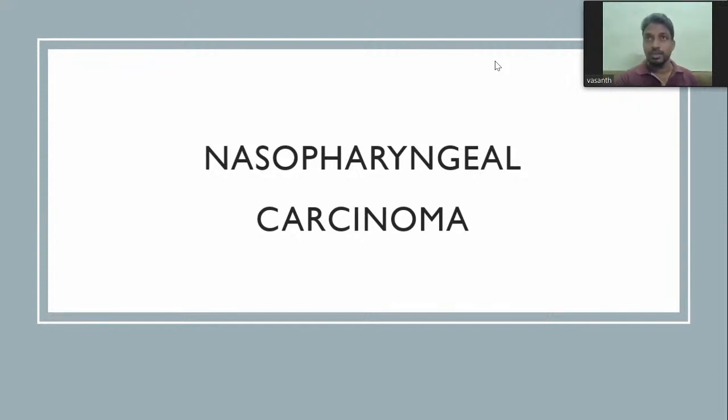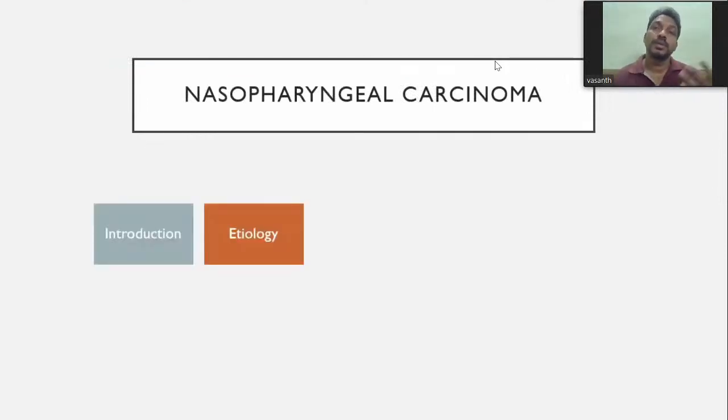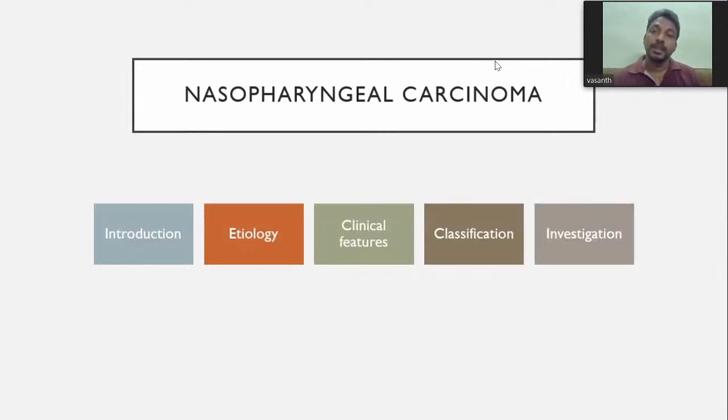If it is a nasopharyngeal carcinoma, obviously you will have obstruction of the nasal cavity, sometimes bleeding, and nasal discharge. Nasopharyngeal carcinoma arises from the fossa of Rosenmuller, so it may affect the eustachian tube, and you can have a hearing loss. So those are the signs and symptoms.